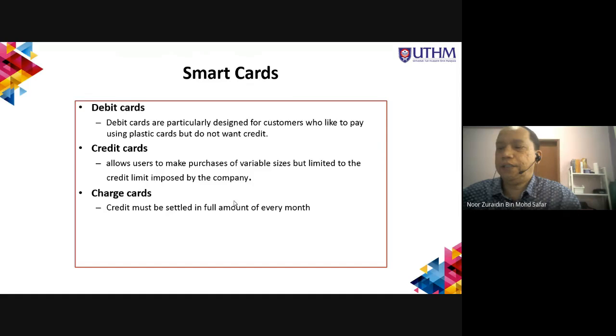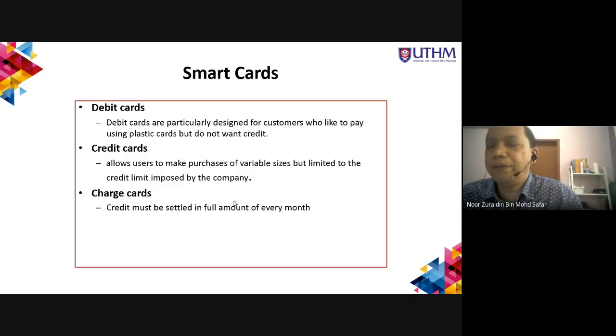I think in the video I already explained what a smart card is: debit card, credit card, and charge card. Most of the cards right now in Malaysia already apply a smart card. What you need to know for the smart card is very simple. When we have attached a chip inside the credit card, we call it a smart card for now.